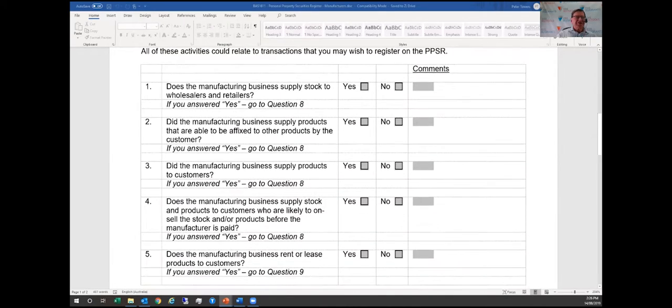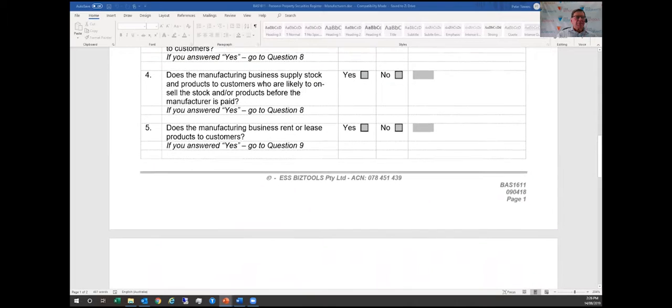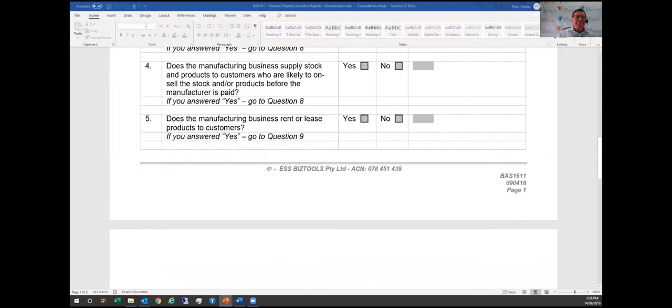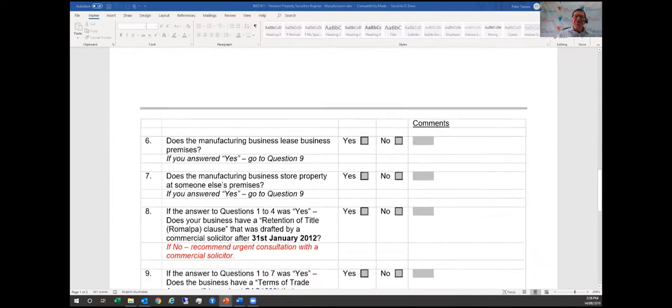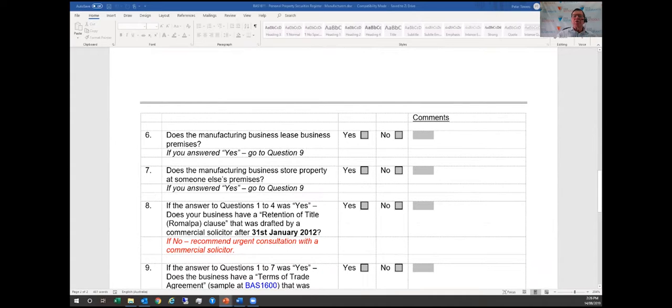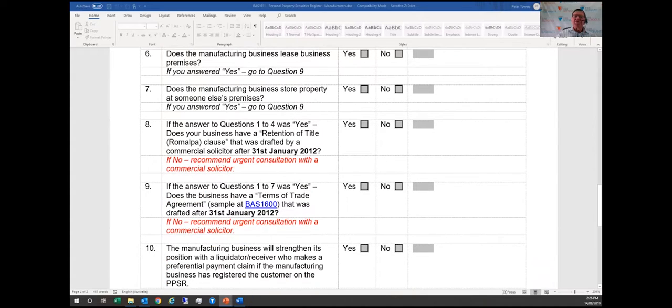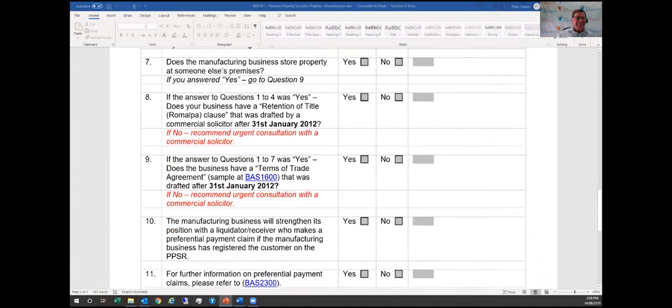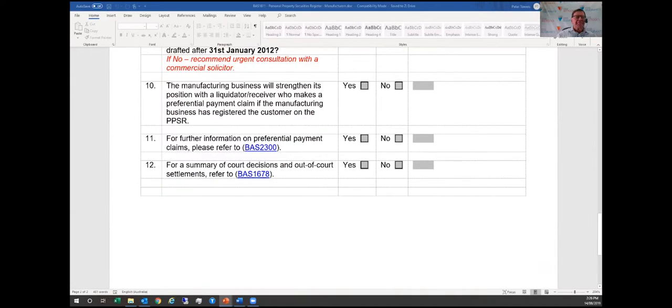So there's some questions there that will help you decide whether this client needs to tighten up on what they're doing. Make sure that a system is being followed. Make sure that there's an understanding of the terminology that's got to be used in the registration process.